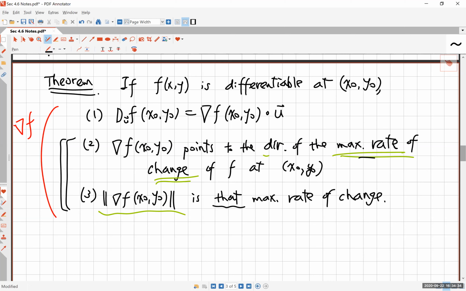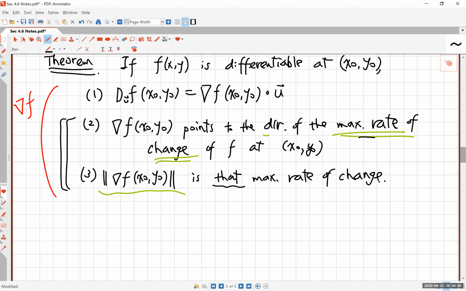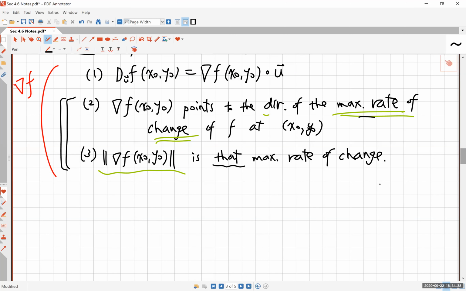Okay, so you probably have the idea by now that section 4.6 is probably the most important section in chapter 4, and perhaps in all of calculus 3. And that's because we introduce you to this concept of gradient. Now spend a lot of time with gradient.